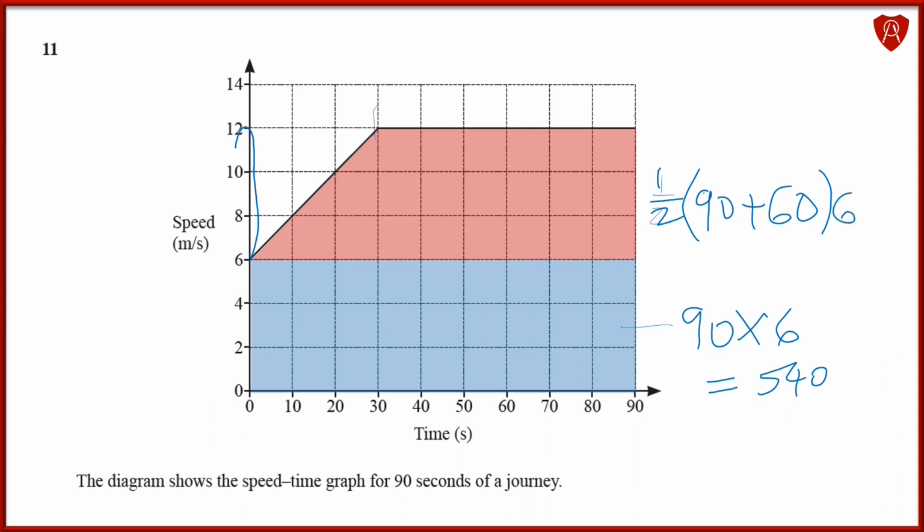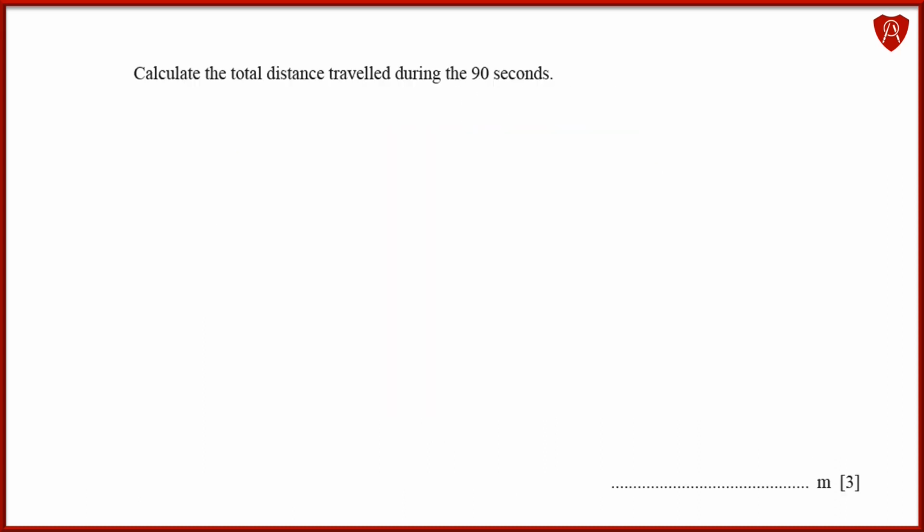Use a calculator to find that this is 450. And the sum of these two is the total distance traveled in the 90 seconds, which should be 990 meters. Record that answer in the appropriate space.